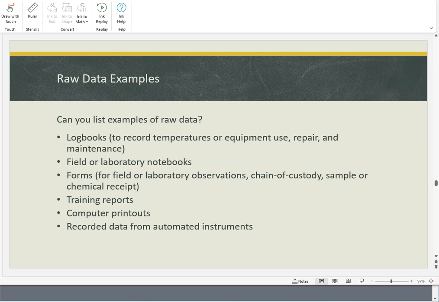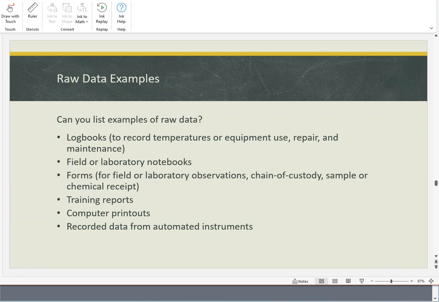Training reports, computer printouts, recorded data from the instruments, everything has to be kept because everything at its basics, as it's getting generated, is called raw data. And that's something that we have to keep track of. It's something that we have to file. It's something that is very important for a laboratory and data integrity. So, nothing off the tables. Everything has got to be kept.